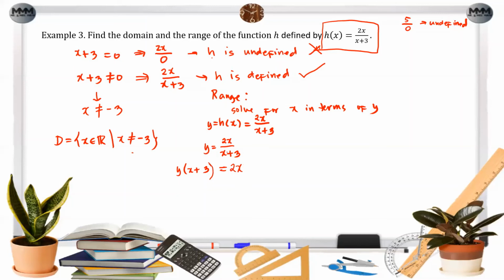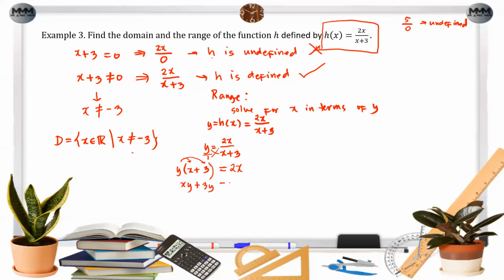Again, if we use cross multiplication, it is understood to have 1 in the denominator. So we multiply that 1: y times this, and 1 times 2x. So we distribute: y times x is xy, or yx, and y times 3 is 3y.